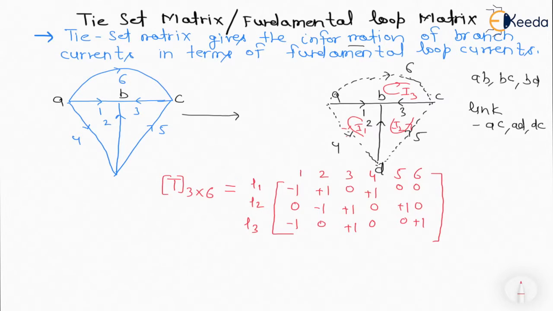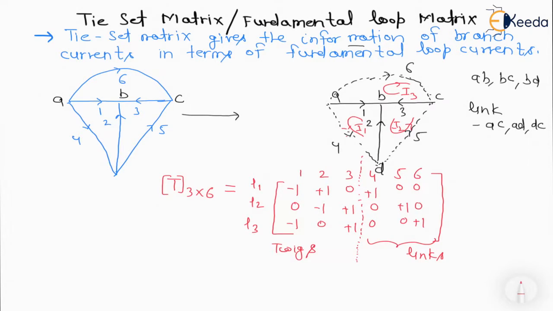If we want to see more into this, then we can divide this into twigs and links. Here are the equations of the currents of links, and here it is twigs.